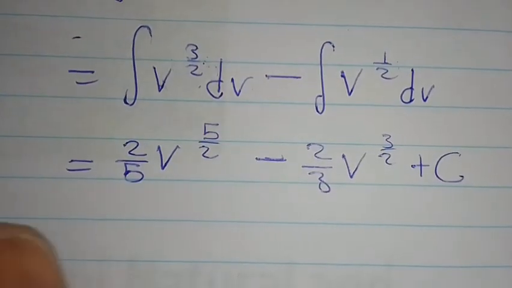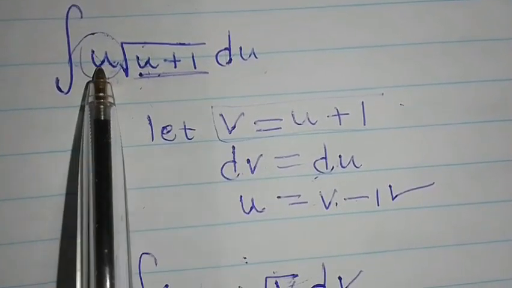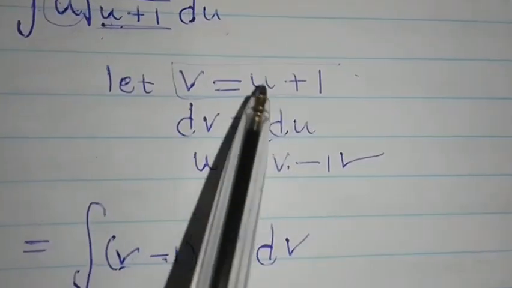But now we have a problem. Initially, we were integrating with respect to u. So that means we must plug u back. Where there is v, we're going to place u plus 1.